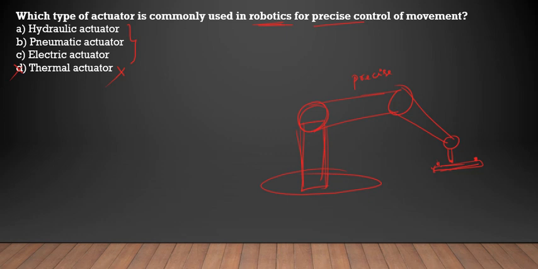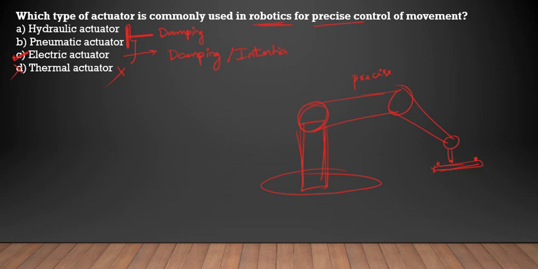So for this precise control of the movement, the type of actuator used is the electrical actuator, remember. Because in an electrical actuator, there won't be any damping or inertia. This kind of thing will not be present. Whereas in the other two, hydraulic and pneumatic, there is a large amount of damping because of the liquid and the air.